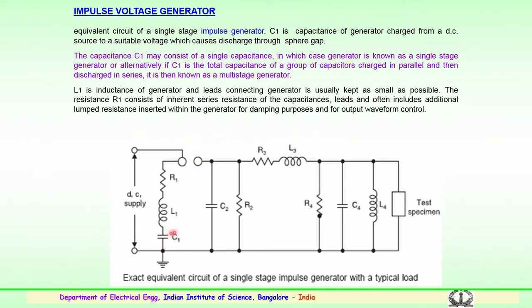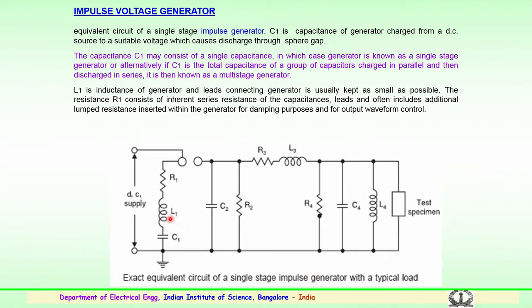So, the capacitance C1 could consist of a single capacitance or a number of capacitances. For a multi-stage impulse generator, a number of capacitors are connected in parallel and discharged in series using a sphere gap. So, a group of capacitors is charged in parallel, then discharged in series. This we call a multi-stage generator if more capacitors are used.